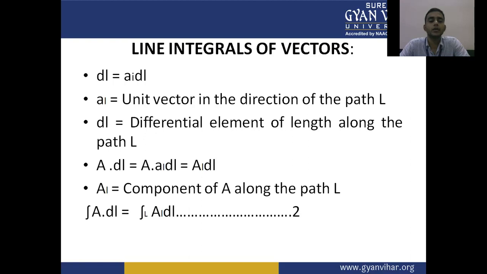This is the line integral of the vectors, where A_L is the component of A along the path L. A is the vector. So the integral of A dot dl is equal to the integral over L of A_L dl.